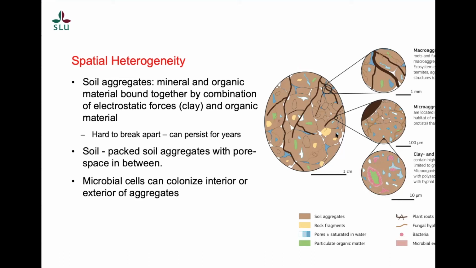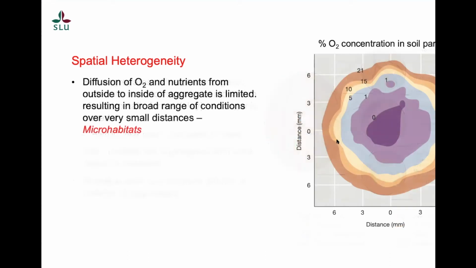Once you're inside, though, it becomes a very different environment. To give an example, a single aggregate might only be half a centimeter in diameter, or even smaller, and you can have very substantial oxygen gradients from the center out to the exterior.